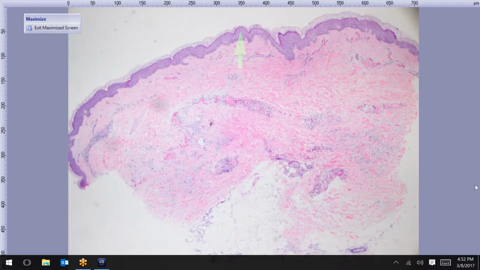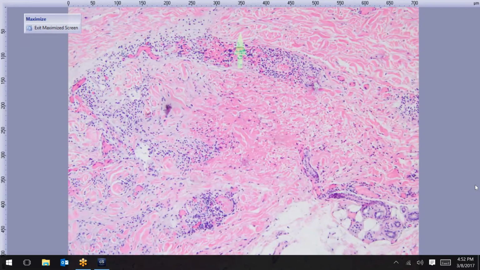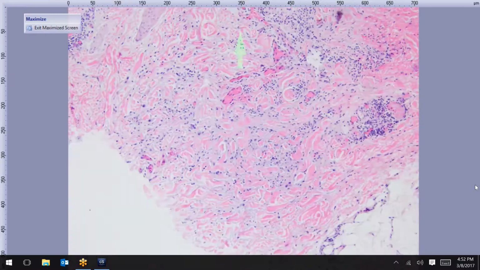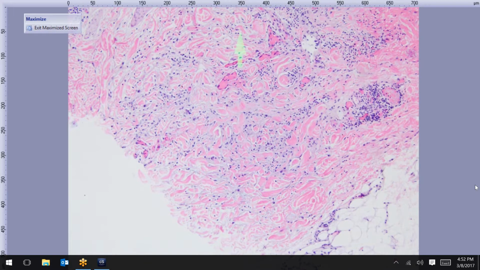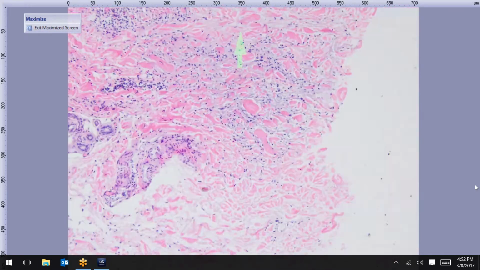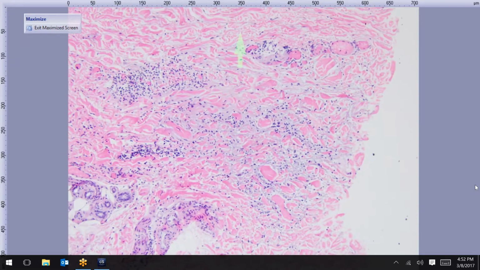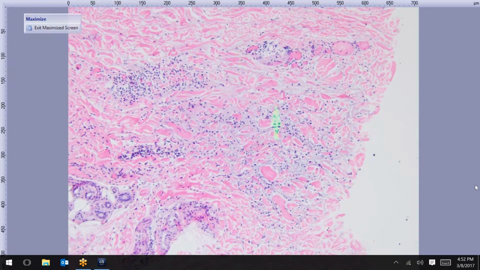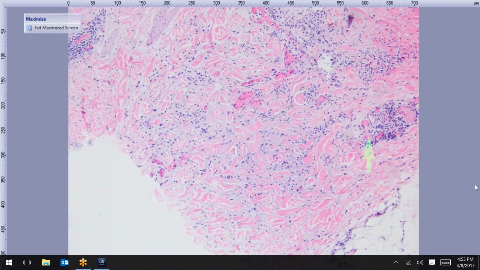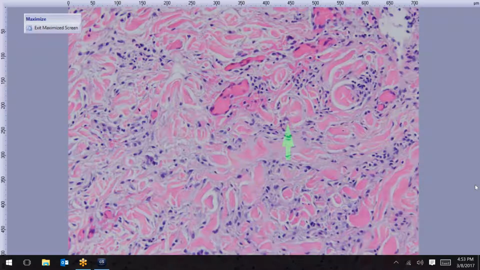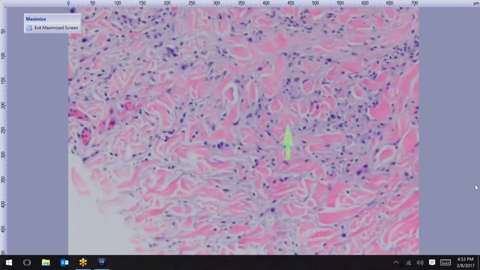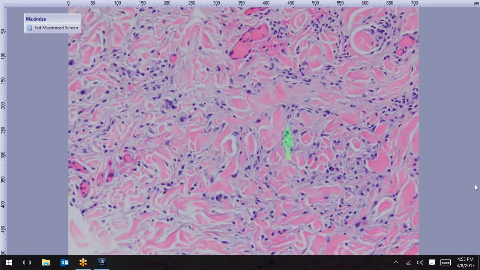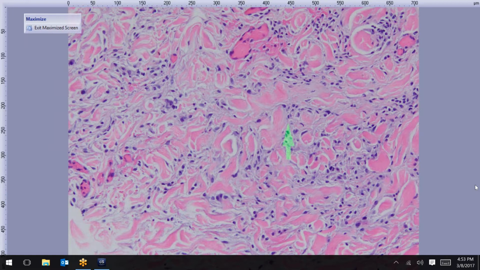All right, and we'll go on a higher power. You can appreciate in this little area right here some interstitial cells. Going a little higher power. And those are actually interstitial histiocytes. And there is a little bit of fine mucin in those areas as well.